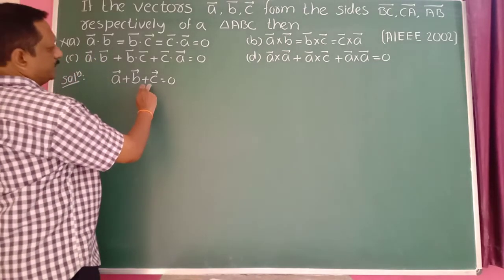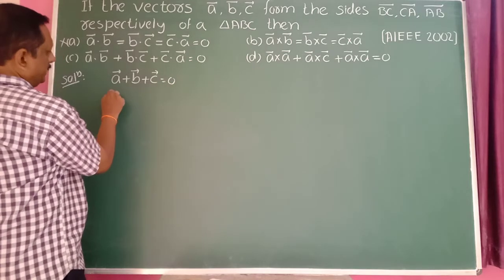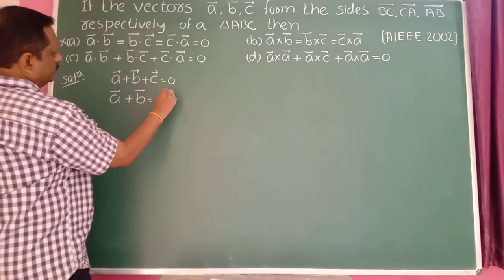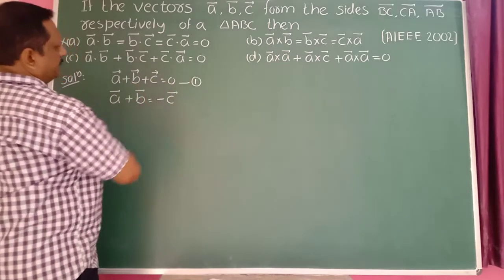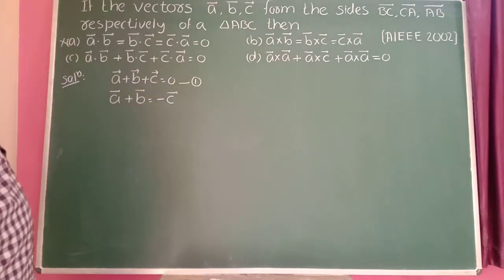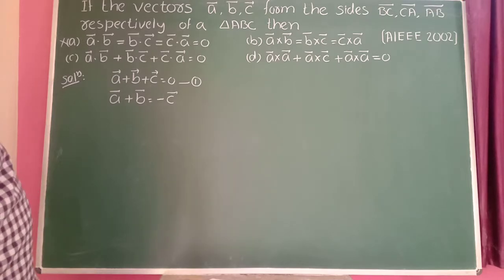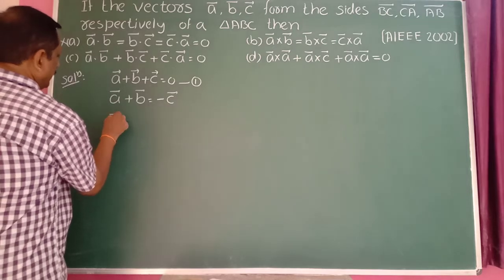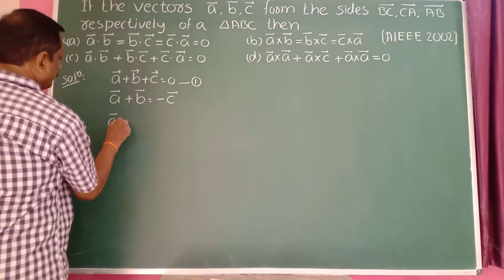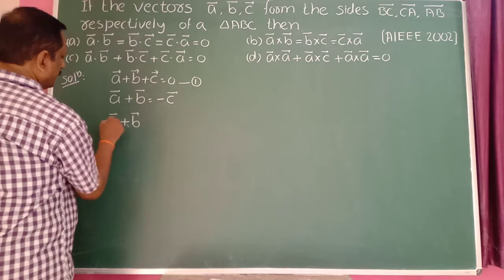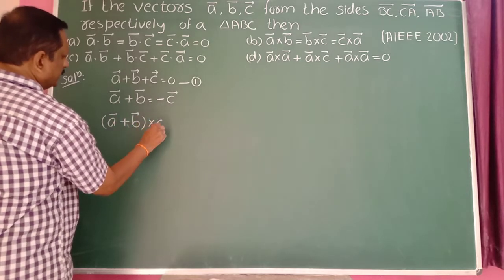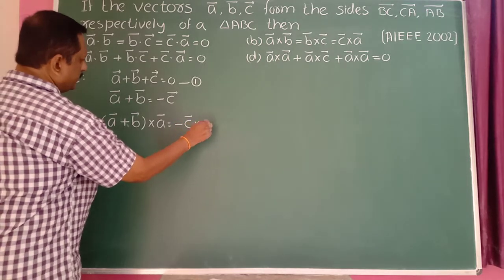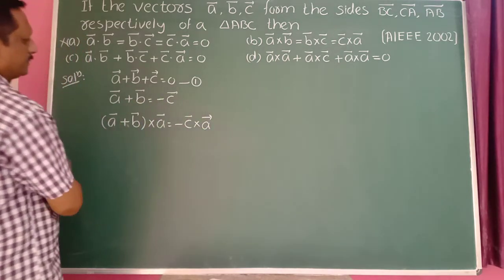Take this C bar to the right hand side here. A bar plus B bar is equal to minus of C bar. Now taking a cross product with A bar on both sides here. A bar plus B bar cross A bar is equal to minus of C bar cross A bar.